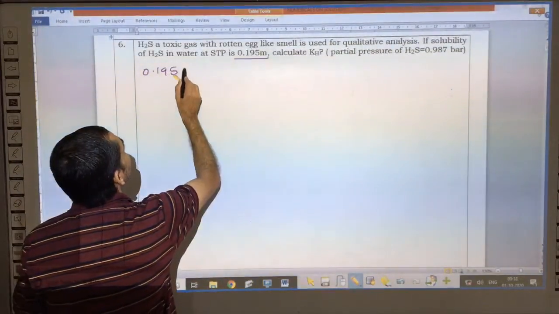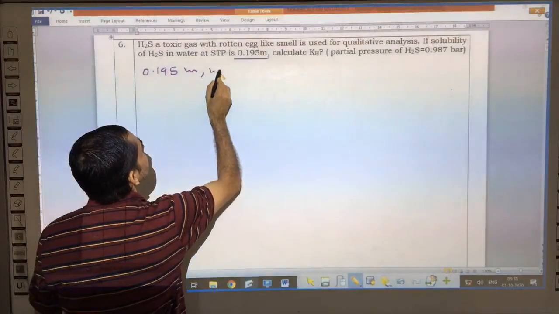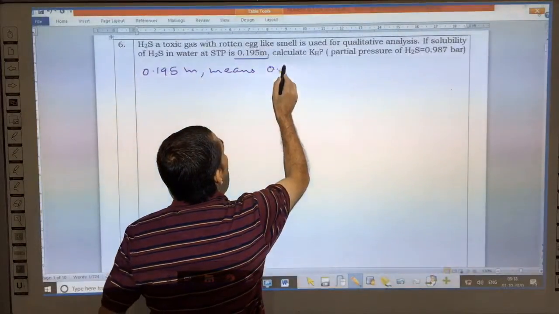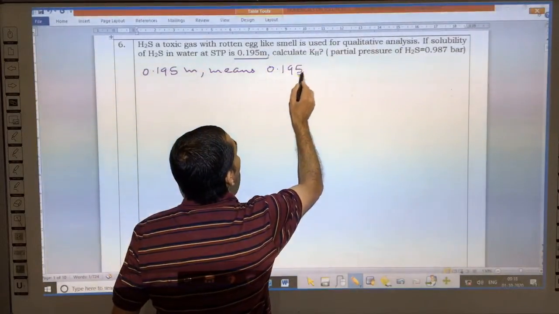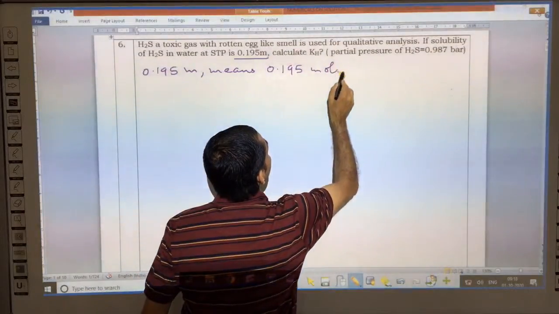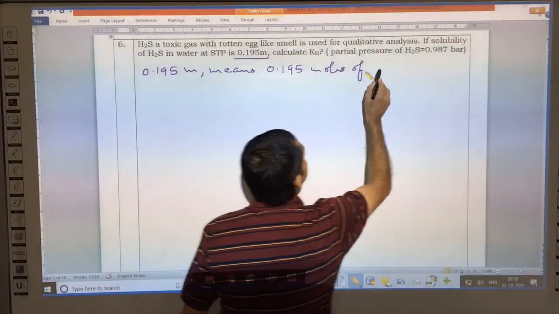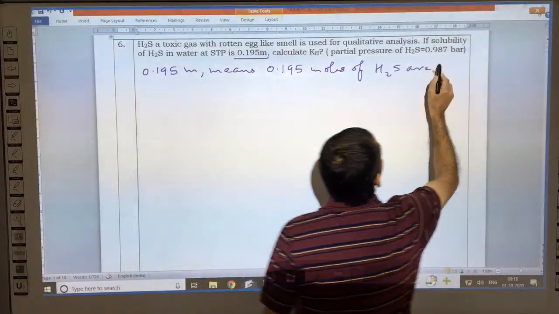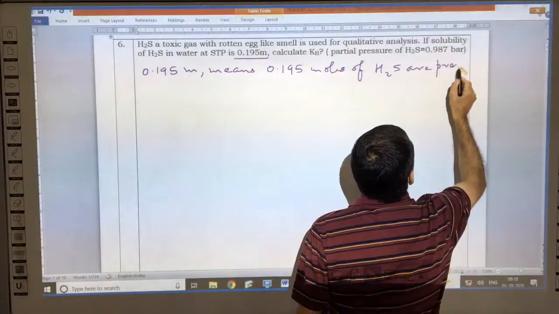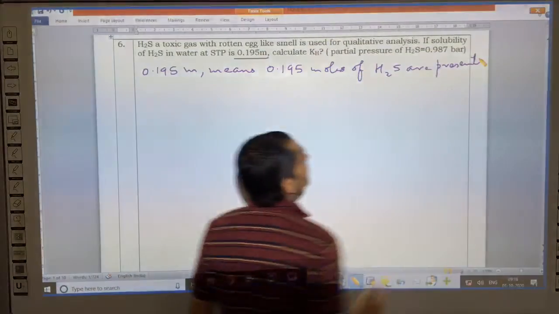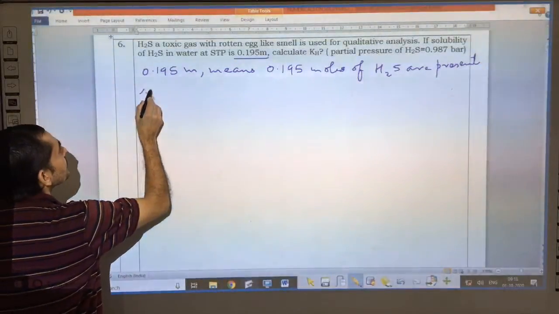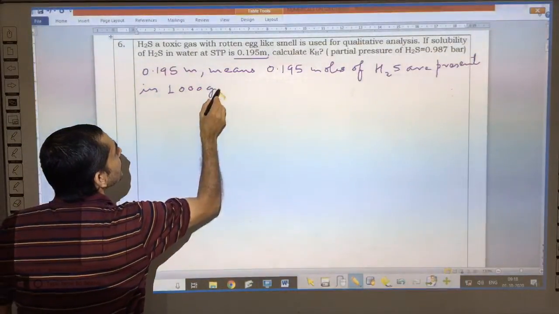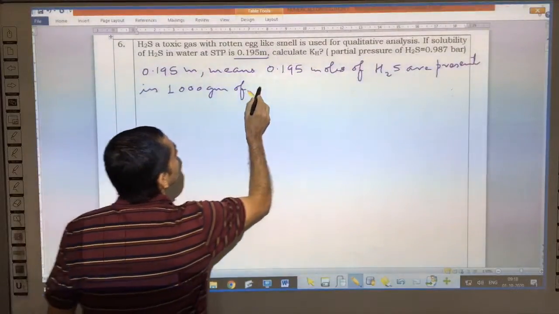0.195 means 0.195 moles of H2S are present in 1000 gram of water.